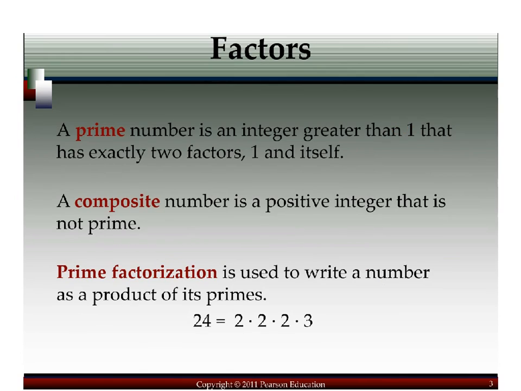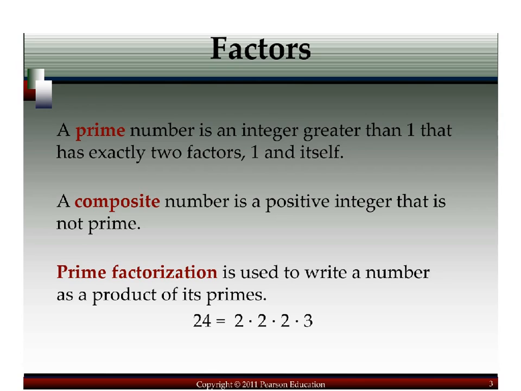Some other things to know: a prime number is an integer greater than 1 that has exactly two factors, 1 and itself. And a composite number is a positive integer that is not prime. So anything that is not prime is a composite number, as long as it's positive.